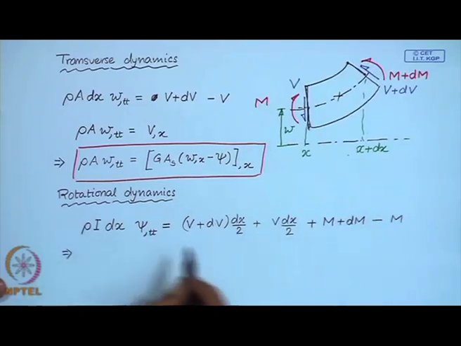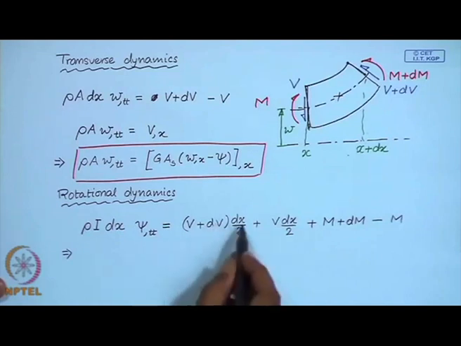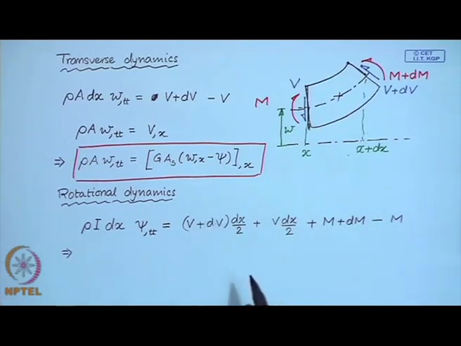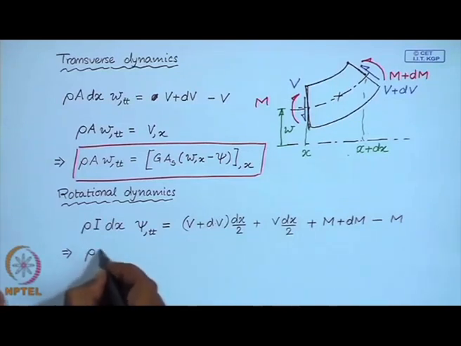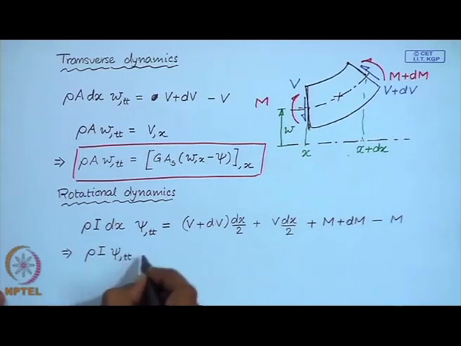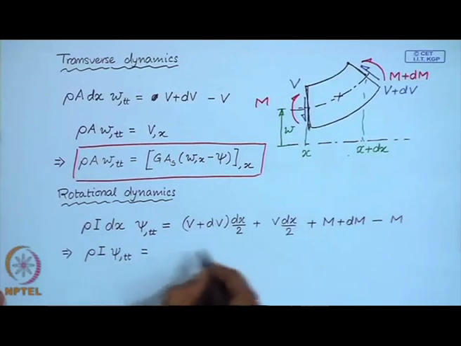dividing over by dx and considering that dV/dx is of smaller order, then we obtain the equation of motion.